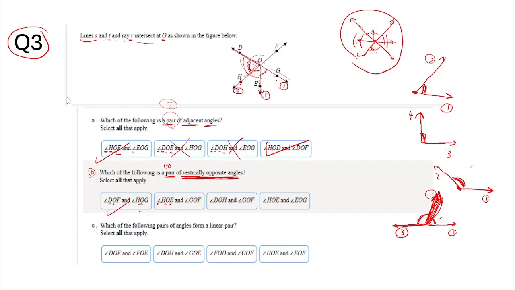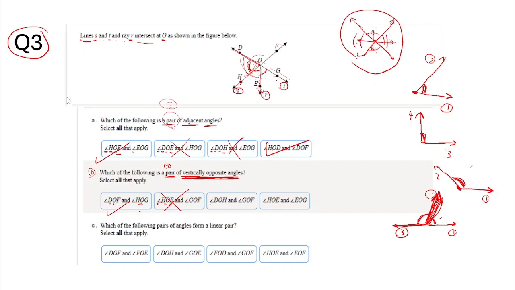But let's see what it's saying, HOE with GOF. There's not the opposite angle for GOF. The opposite angle for GOF, if you see like this cross, it will be DOH. So this is not the right answer.